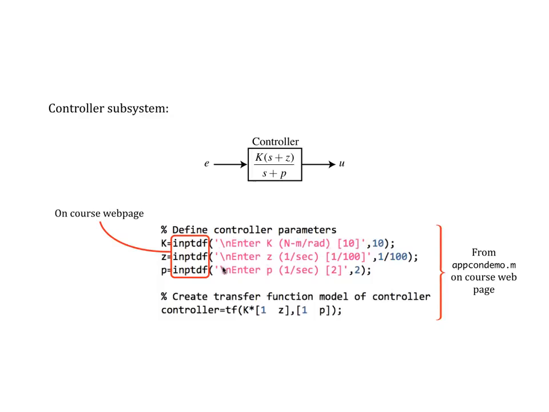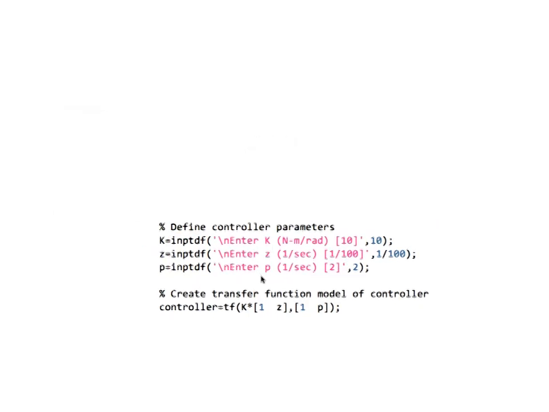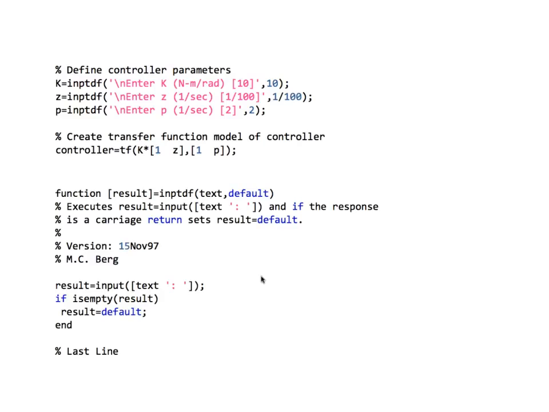Similarly, this guy establishes a value for z, printing at the command line the prompt enter z in units of 1 over seconds, the default value being 1/100th, etc. for p. So here I just wanted to show you specifically this inptdf.m file.